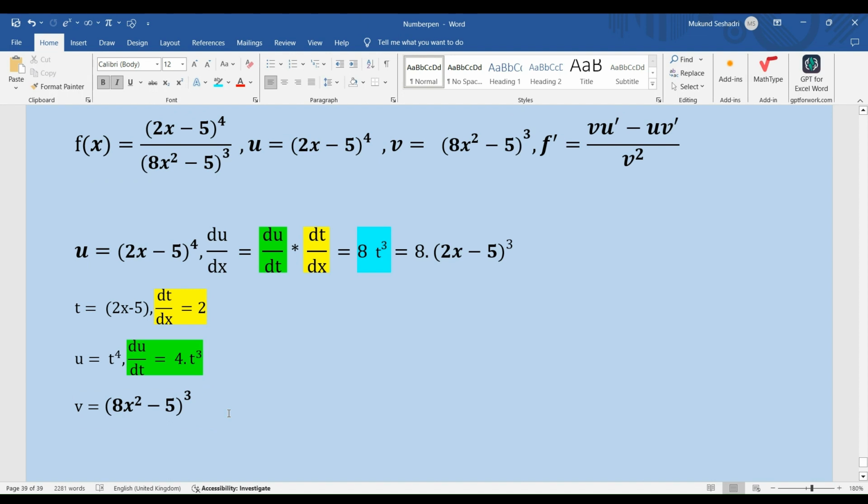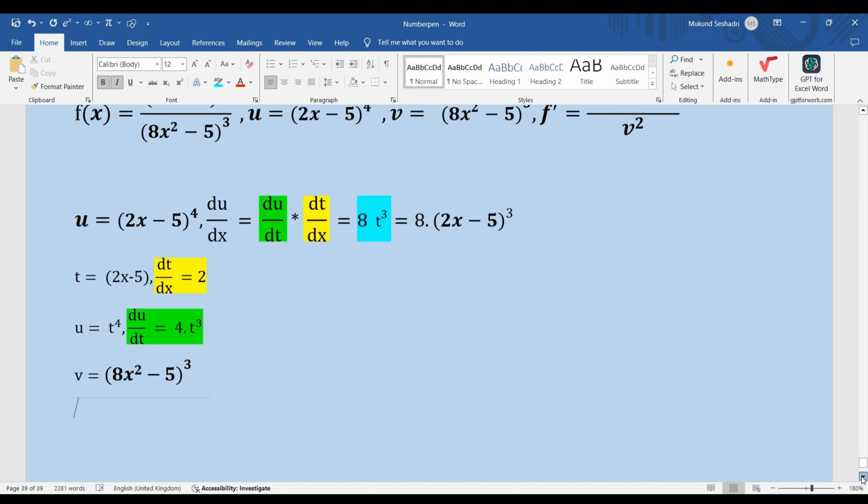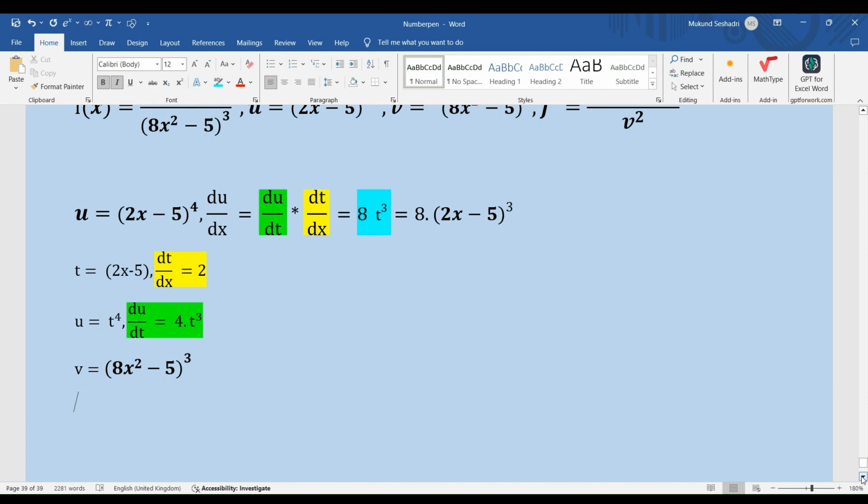So I'm going to make the substitution which will simplify v and bring it to a format whose derivative we know by first principles, right? And we have 8x square minus 5, and the best substitution and probably the only substitution that's possible out here is 8x square minus 5 equals t. So let's do that.